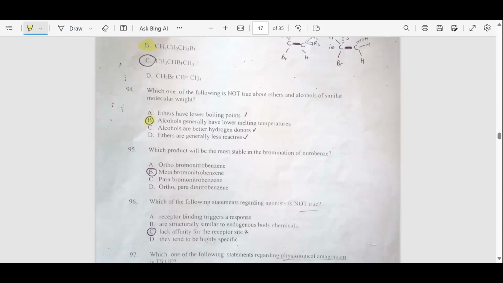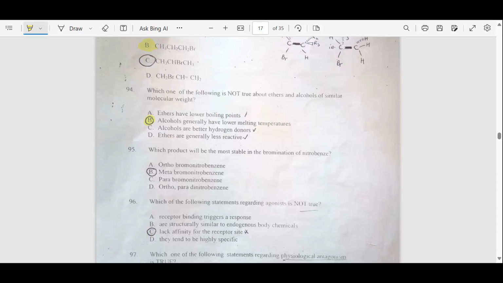We all agree with choice B? Divya is saying in the chat box that the other answers are true.